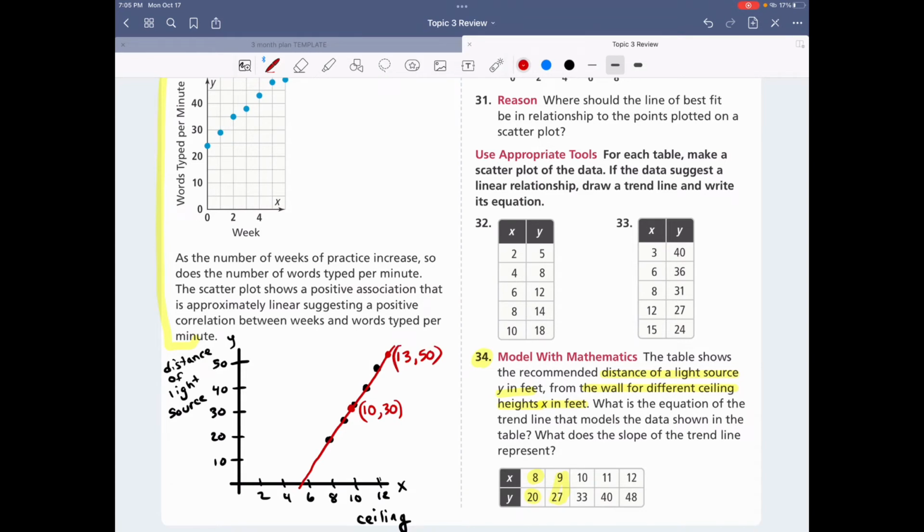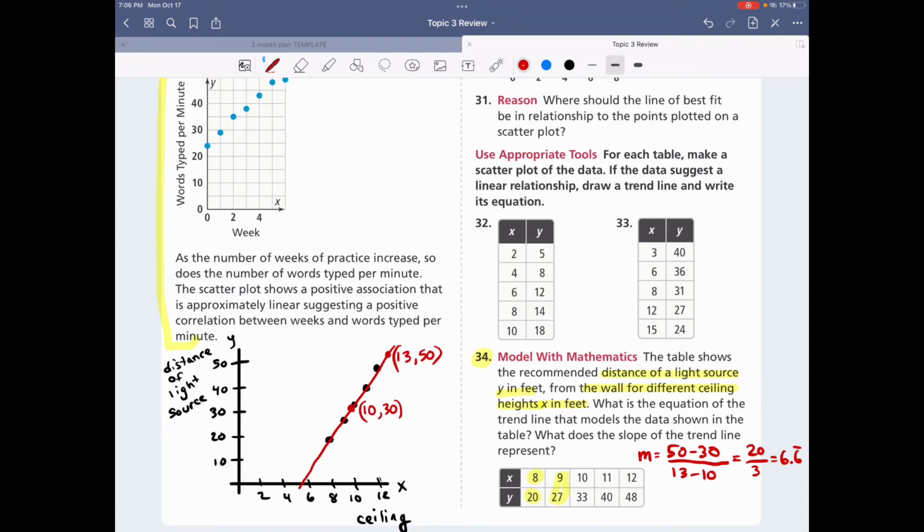I'm going to find the slope by subtracting the y's. So 50 minus 30 over 13 minus 10. That's going to give us 20 over 3, which is 6.6 repeating. That's my slope.